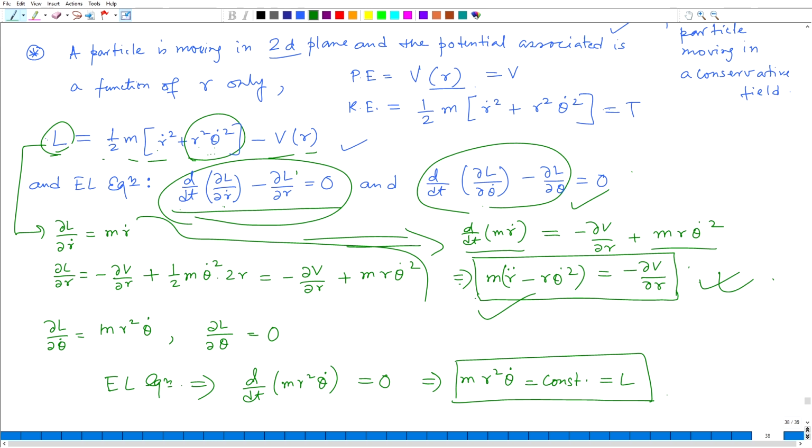What you are finding is something that is also true for a 2D motion, that the angular momentum vector has a constant magnitude here.